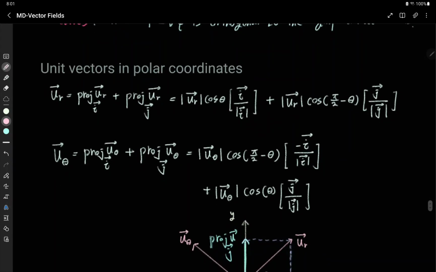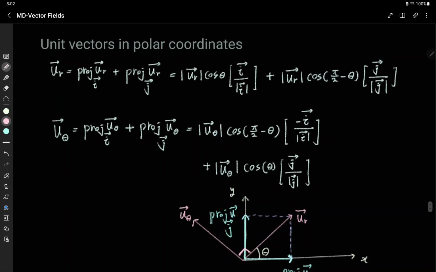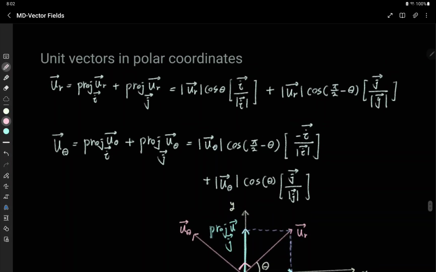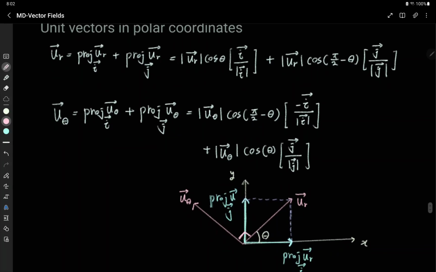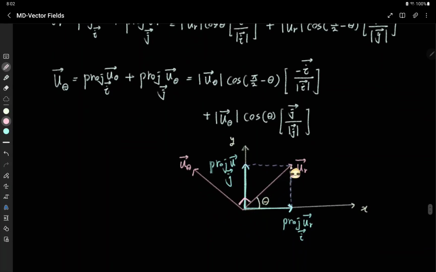Here's one more last one, which you might find challenging. You can express the vector in polar coordinates. Let's say u_r and u_theta are the unit vectors in polar coordinates. For example, this is the vector u_r, the basis vector in polar coordinates (r, theta). And this is the basis vector in polar coordinates corresponding to theta in (r, theta).